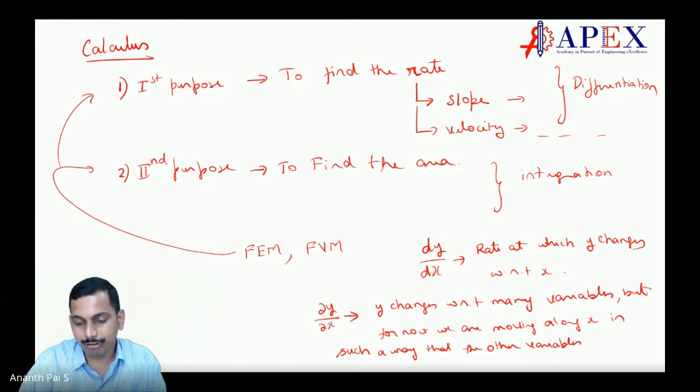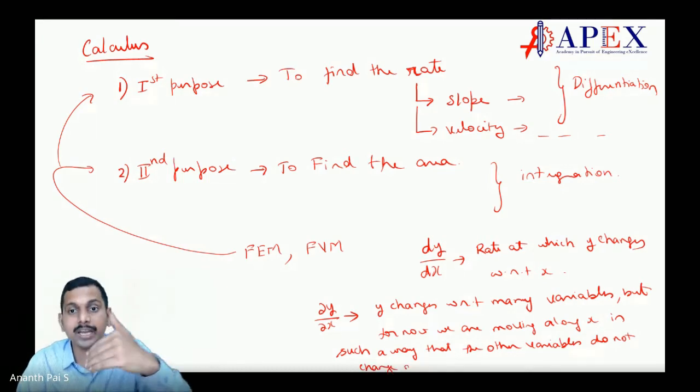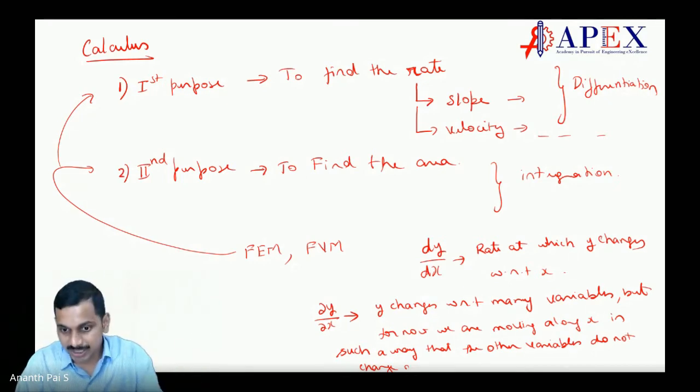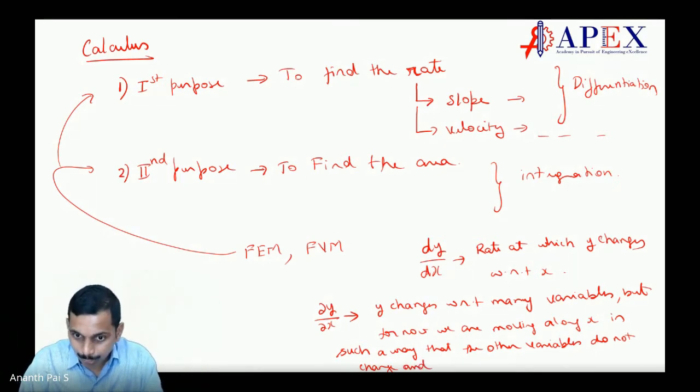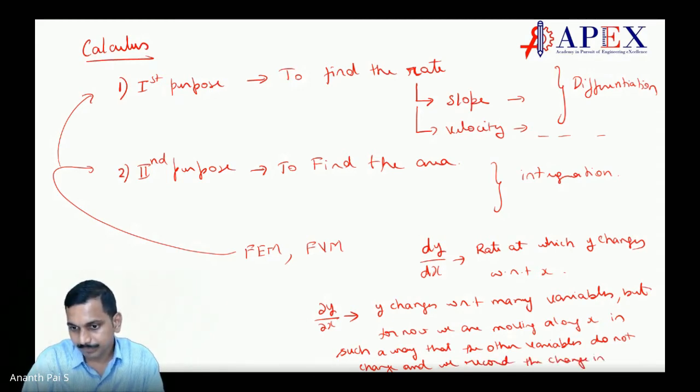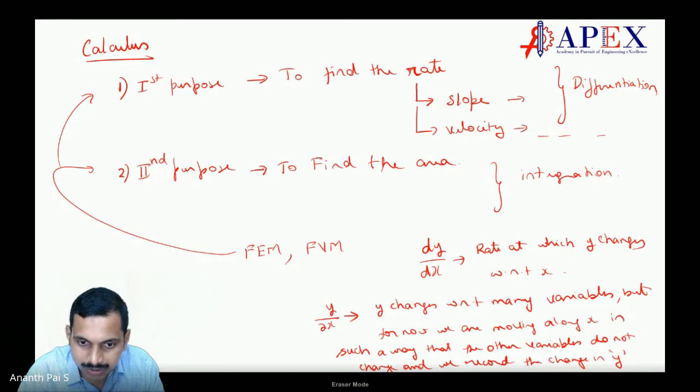Moving along x means x changes, and we record the change in y. That is what is meant by dou y by dou x. Make sense? That is the meaning.